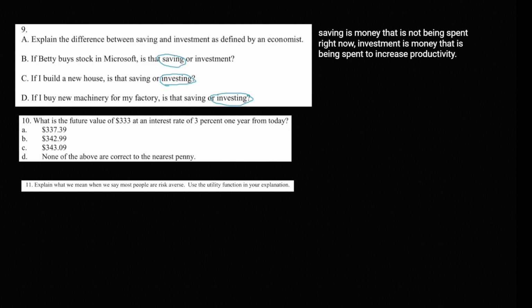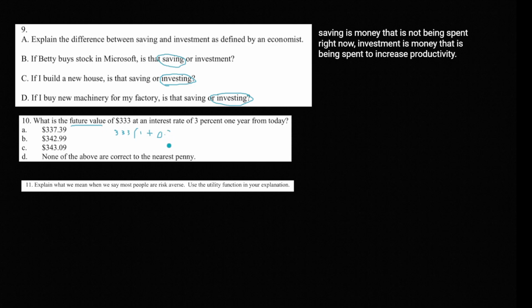All right, this is another present value, future value question. So we have a current value of $333,333 at an interest rate of 3%, so 1 plus 0.03. Do not forget it is 0.03.